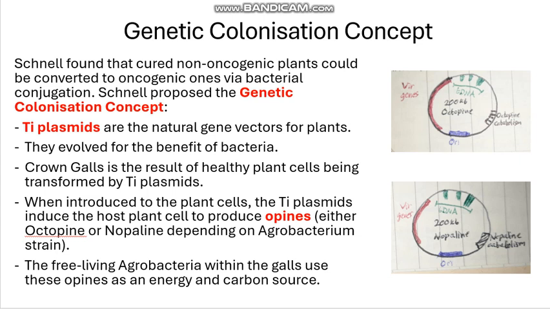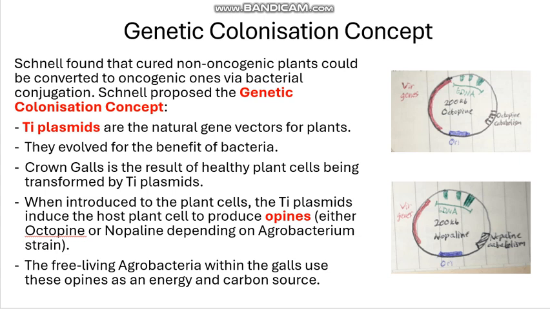So the agrobacteria insert these Ti plasmids into the host plant cells when they can get into them through the plant being damaged. These Ti plasmids evolved for the benefit of bacteria, because when they inoculate them into the plants, the plants start producing the carbon compounds that the bacteria need to eat and live and grow.